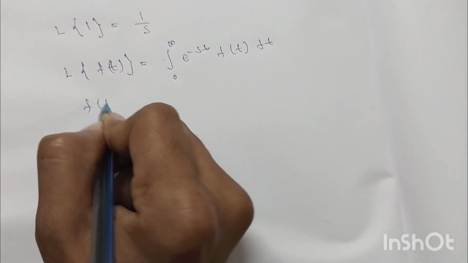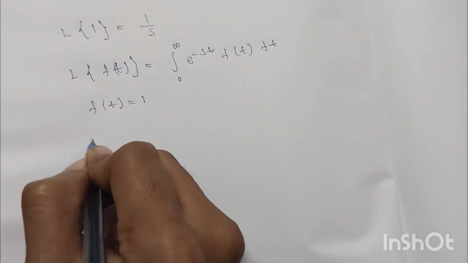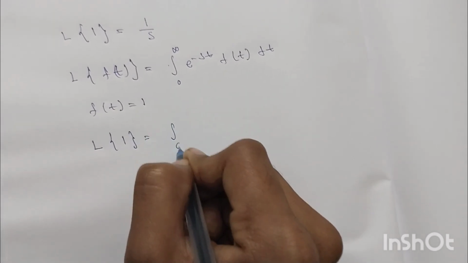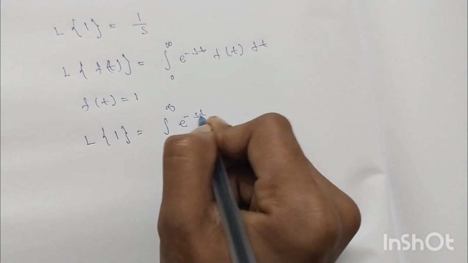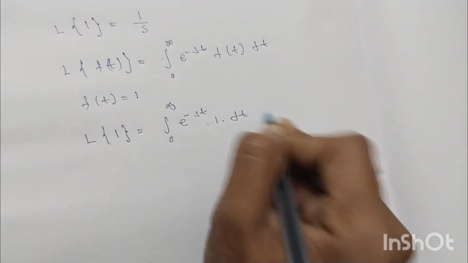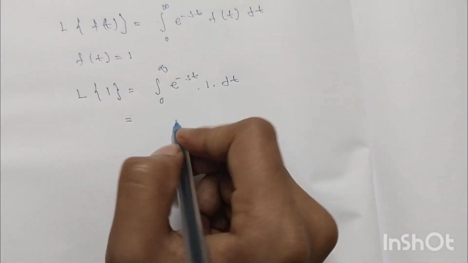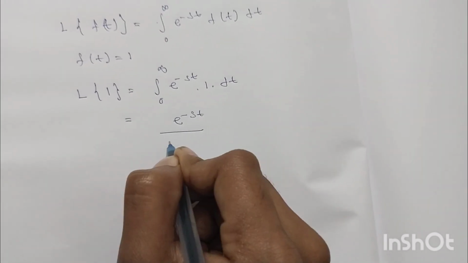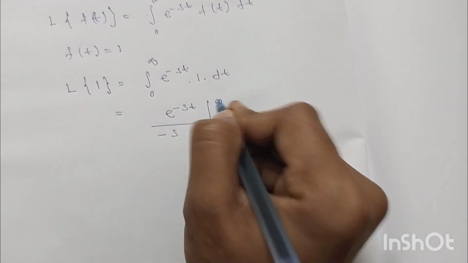Here f of t is equal to 1. So the equation Laplace transform of 1 is equal to integration 0 to infinity e to the power minus st into 1 into dt. So now we integrate. The integration will be e to the power minus st by minus s, limit from 0 to infinity.